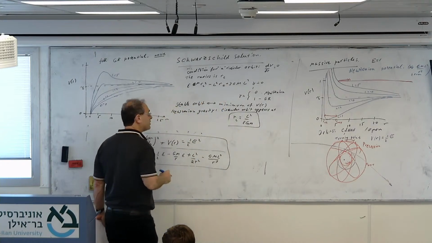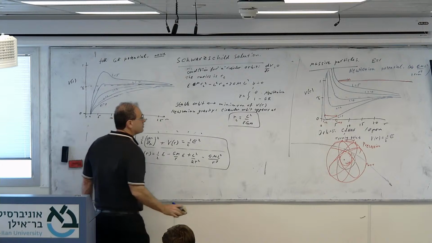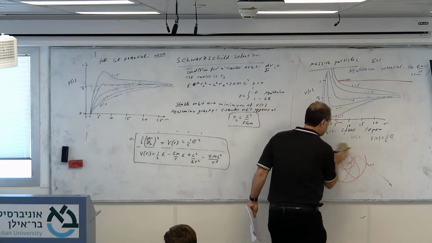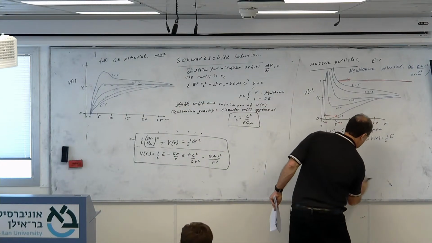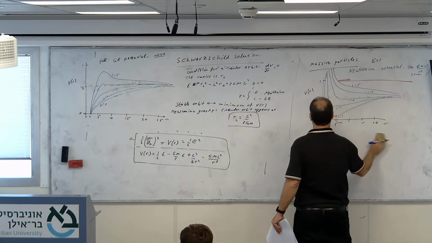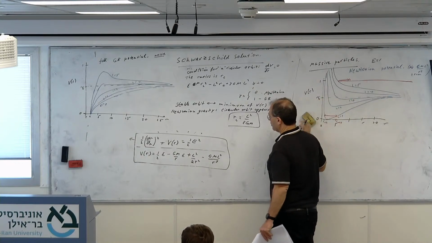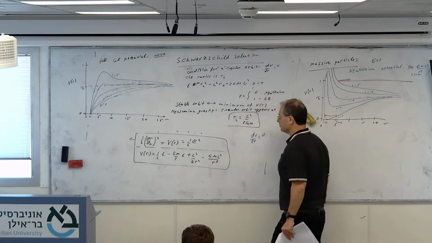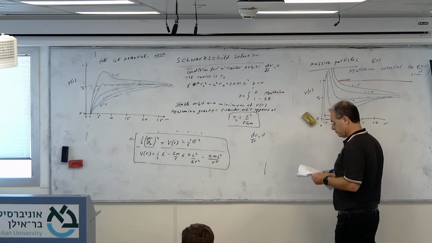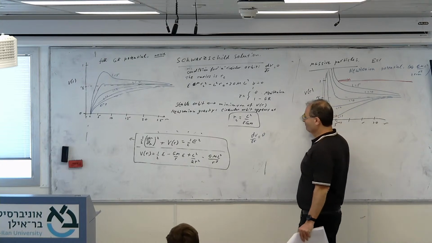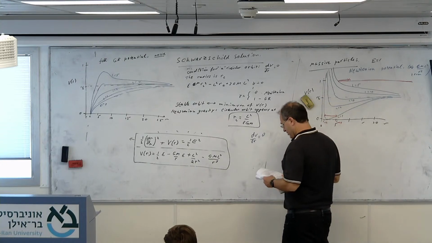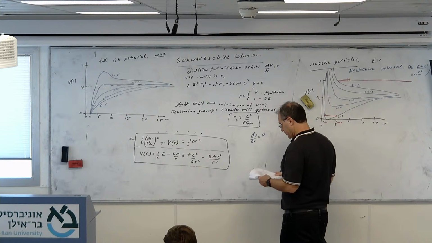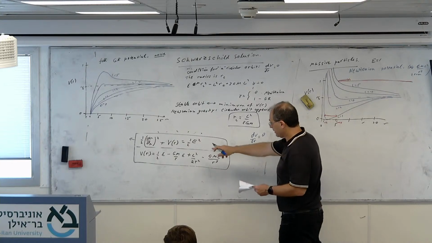Minimum is dV over dR equal to 0. So let's see. dV over dR is equal to 0. So what do we get? Let's simply plug it in here.